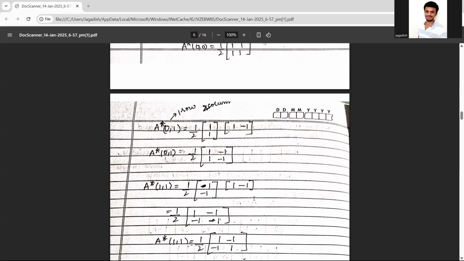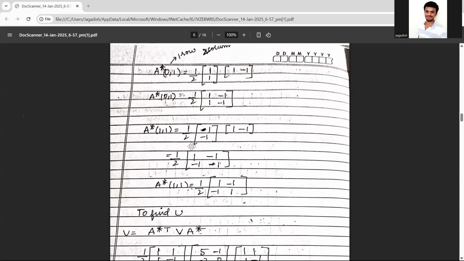For 0 0 and 1 1, you take the same, 1 1, 1 minus 1. If it's 0 comma 1, you take the first row and the second column. So A star 1 1 will be half into 1 minus 1, minus 1 1.